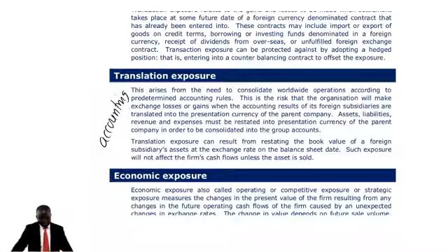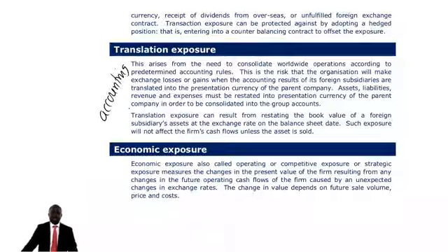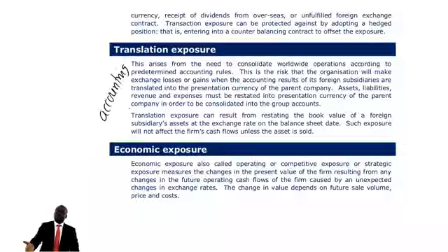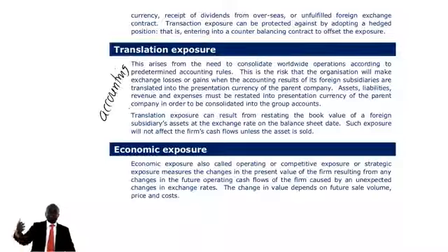Okay, last one, economic exposure measures the long-term version of the transaction. Every time you enter into a transaction denominated in a foreign currency, you might make a gain or loss. So your cash flows will either go up or go down. We said the value of the company is the present value of the future cash flows.